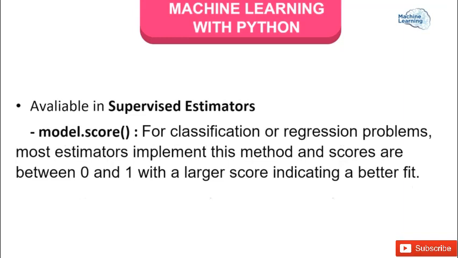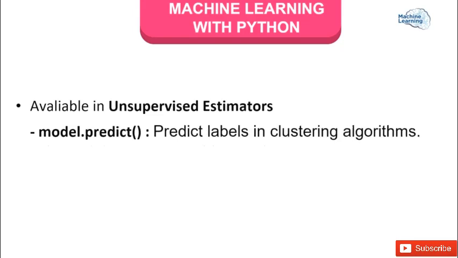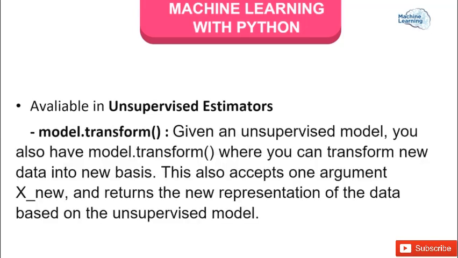For classification or regression problems, you also have a score method available, and most estimators will implement this method, and scores are between 0 and 1, with a larger score indicating a better fit. Also available in unsupervised estimators is the model.predict. And of course, that will allow us to predict labels in clustering algorithms. But also, when you're given an unsupervised model, you'll have the model.transform method, where you can transform new data into new bases.